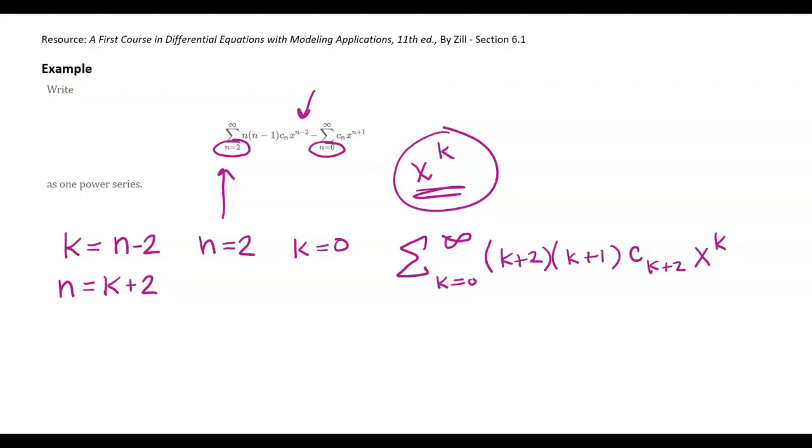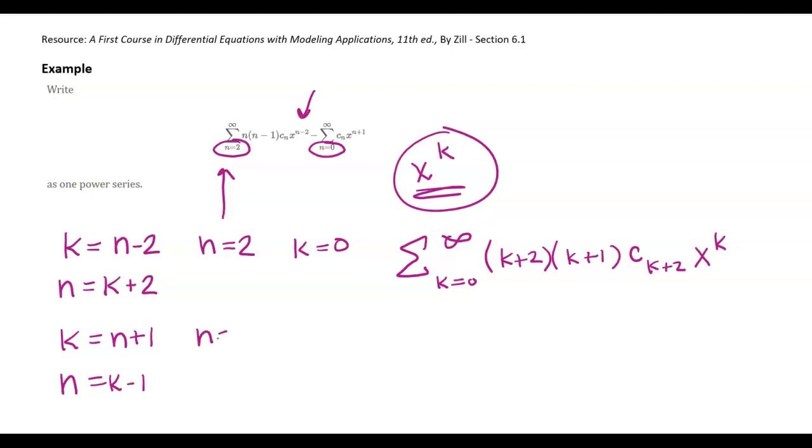Now I'm going to rewrite the other power series in terms of K, and I'm just going to rename what I call K. It's all going to be relative. In this second one, I'm going to let K be equal to n plus 1, which means I have n equals K minus 1.